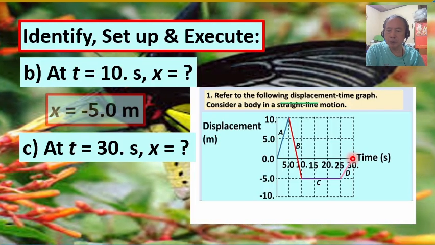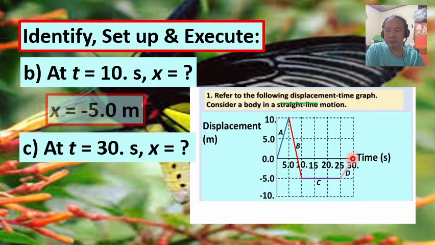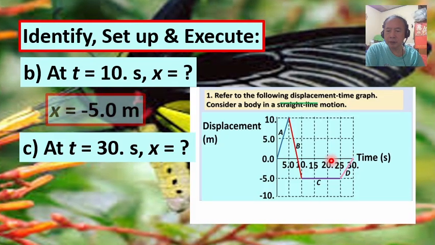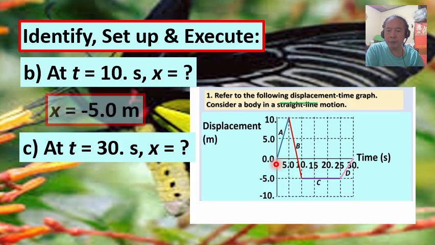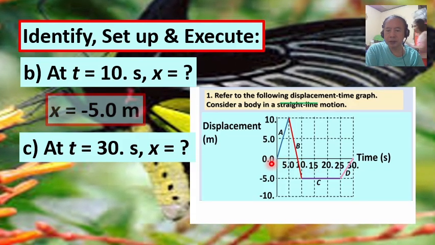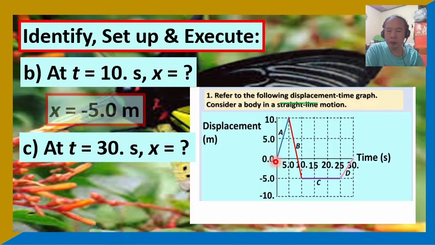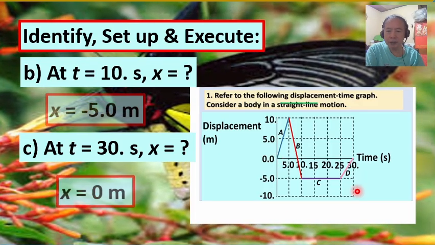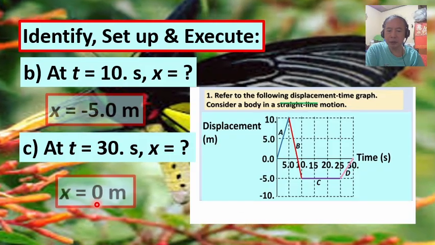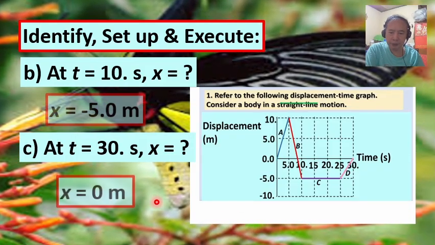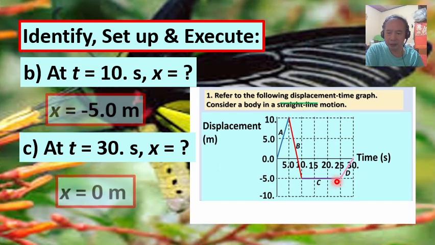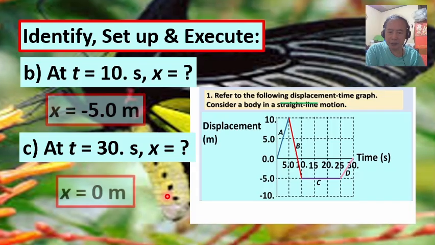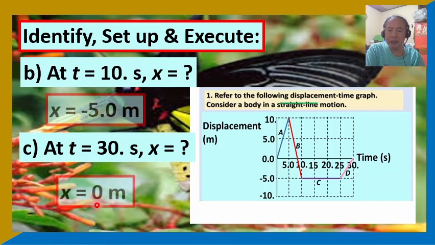And then moving that cursor to the left, the corresponding value for the displacement is, of course, equal to 0.0 meter. Therefore, our answer is that the body is located at x equals 0 meter, which means that at time equals 30 point seconds, the body is exactly at the origin.